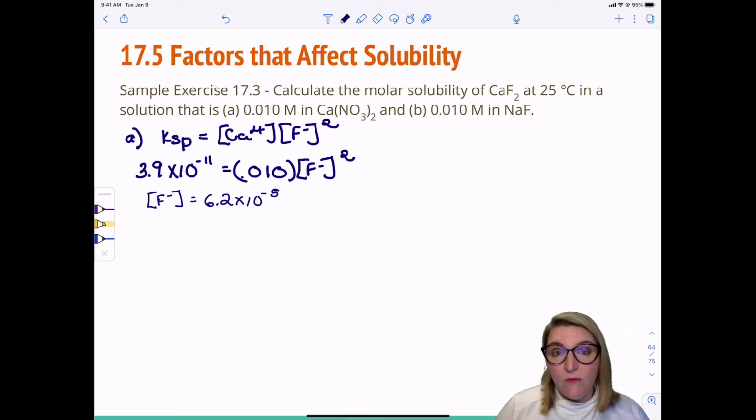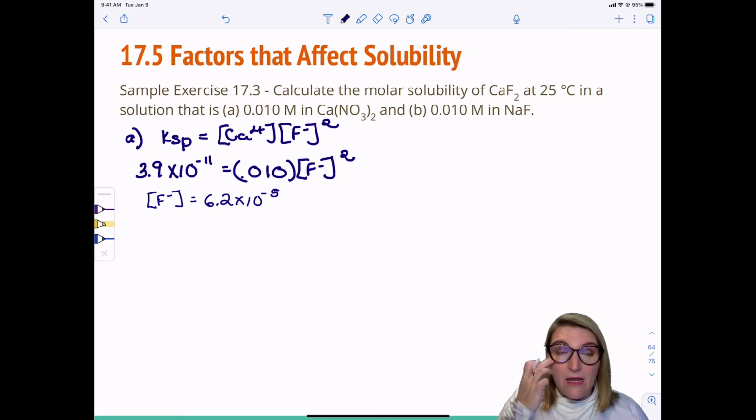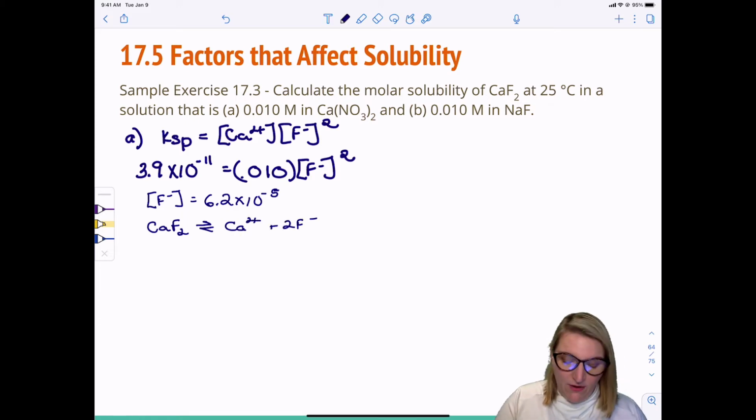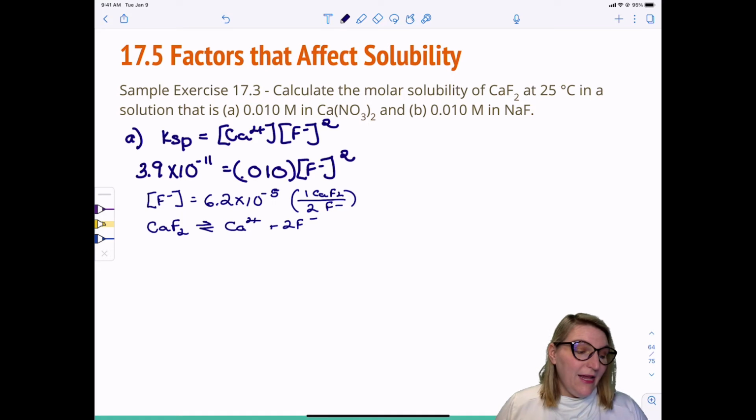But that actually isn't the molar solubility of calcium fluoride, because remember, according to the balanced chemical equation, you'll have one Ca2 plus and 2 F minus. So if I do a little bit of stoichiometry here, it would actually be half that.